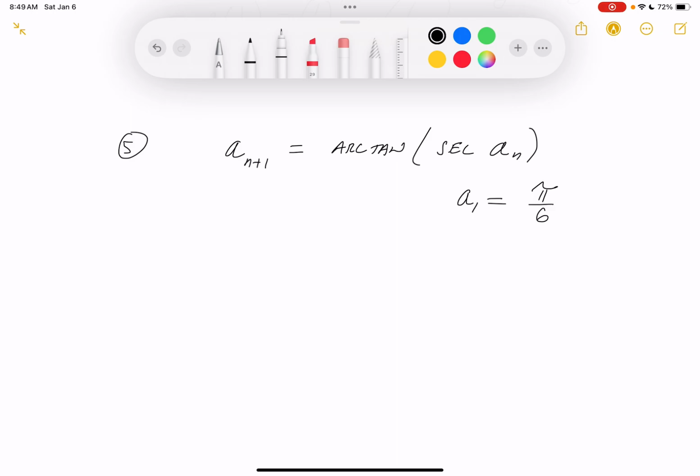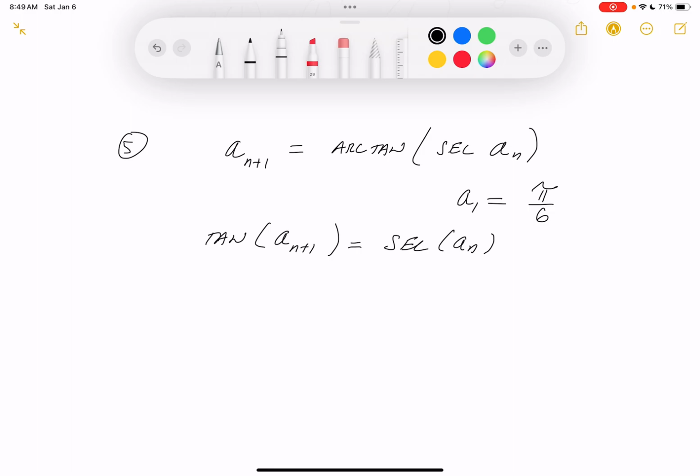What I know is that the secant of pi over 6 is certainly going to return a positive number, and the arctan is going to be between 0 and pi over 2. It's going to be easier to write that the tangent of A_(N+1) is the same thing as the secant of A_N.